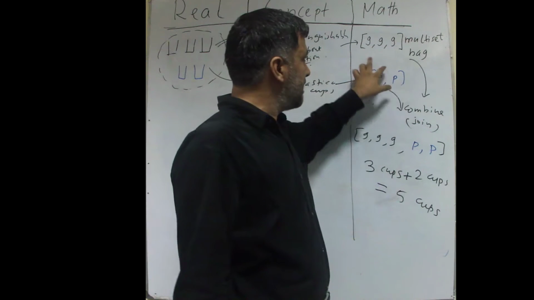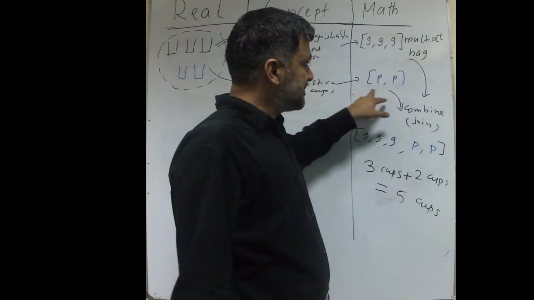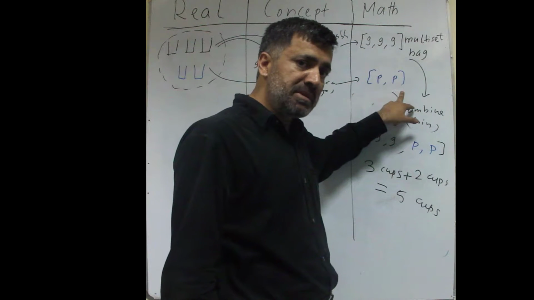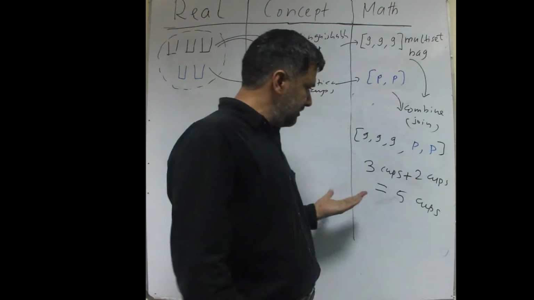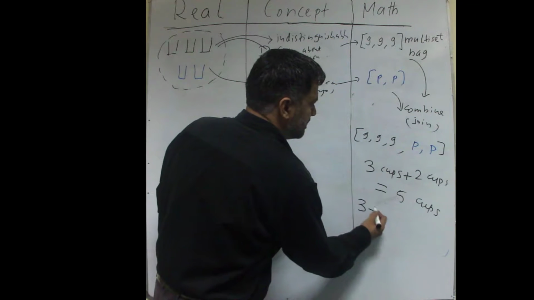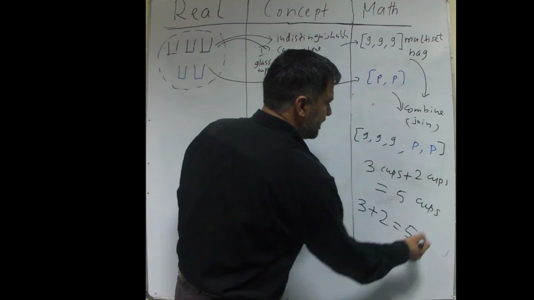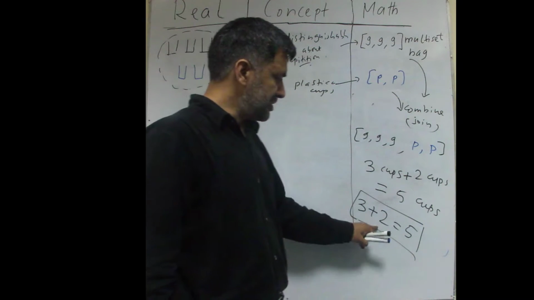An abstract multiset of 3 members, an abstract multiset of 2 members or 2 objects. And if I combine them, then I will simply have 3 plus 2 equals 5, because now I don't need the physical world.